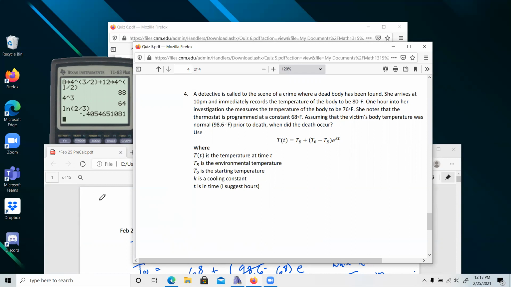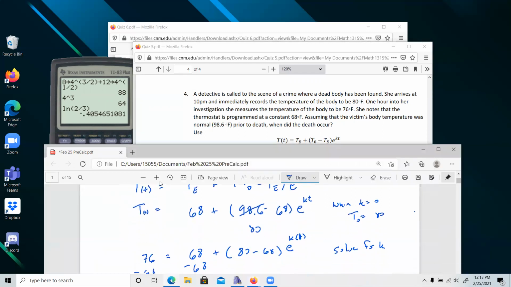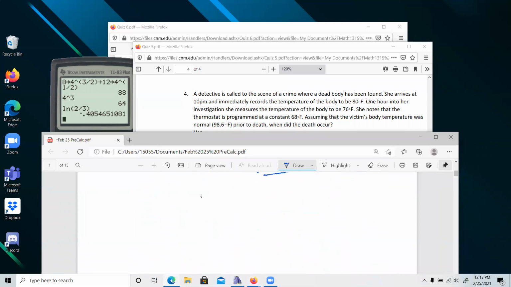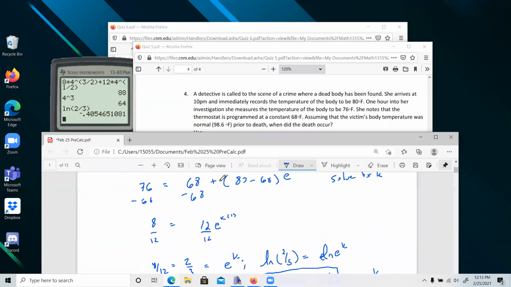I wonder if this will work. Let's try it. So let's see what happens if I put a 98.6 in for my temperature, and then we'll just let everything else stay the same here.